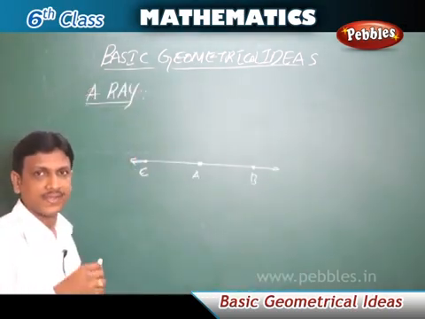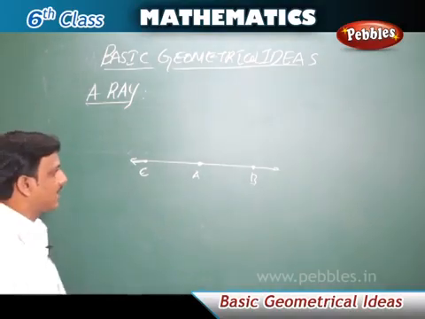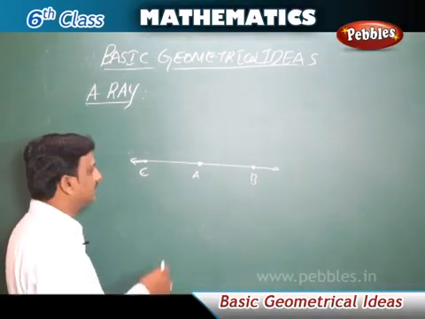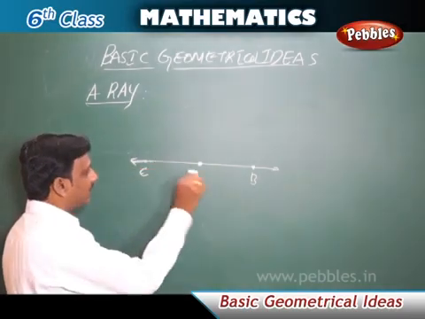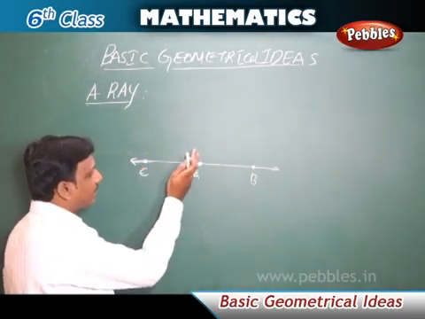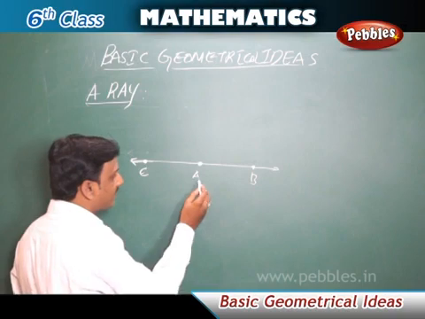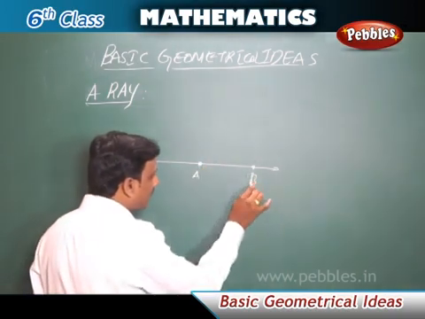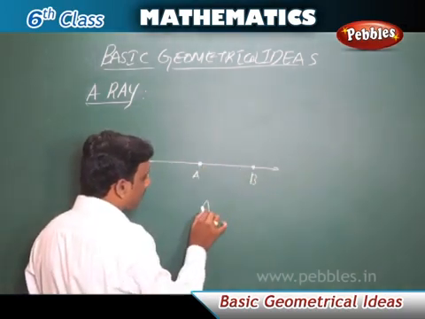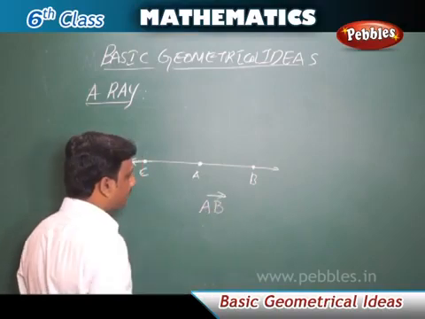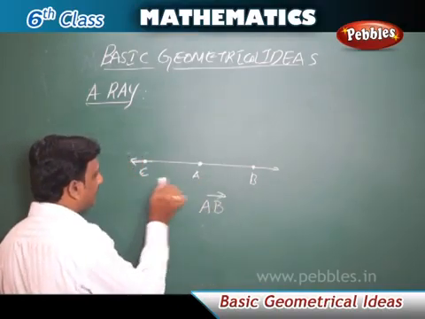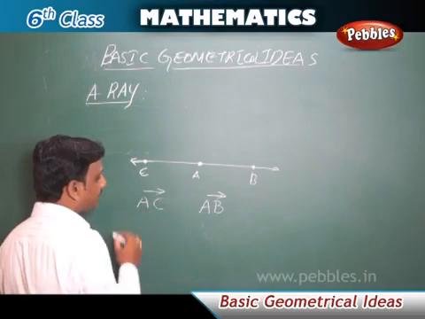Ray. What is a ray? A ray is a portion of a line. Here we have a line. In this line, a part of this line is called a ray. Say, for example, A, B. This is a ray. In the same way, AC. This is one ray.